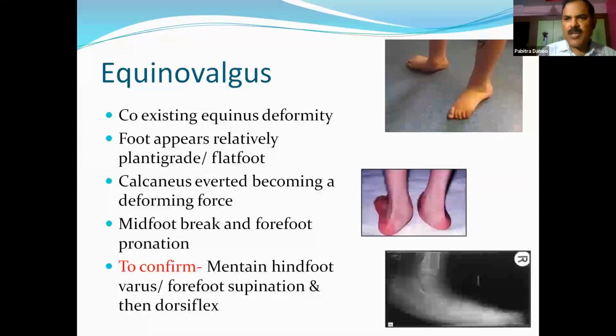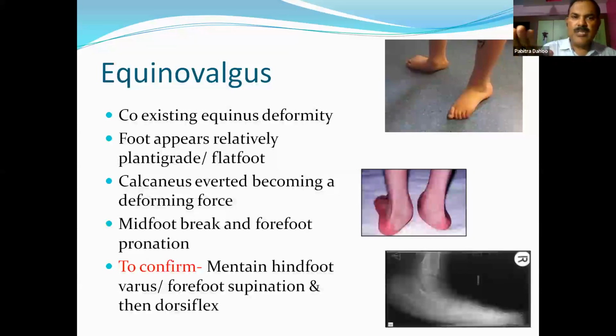Equinovalgus, as I said, equinus is a secondary component of the valgus. When the foot goes to valgus, the insertion of the tendo-Achilles is shifted laterally. And for propulsion, when the body contracts, it will further shift the calcaneus laterally, and the heel remains in the equinus position. So the person will walk with initial contact as a midfoot.